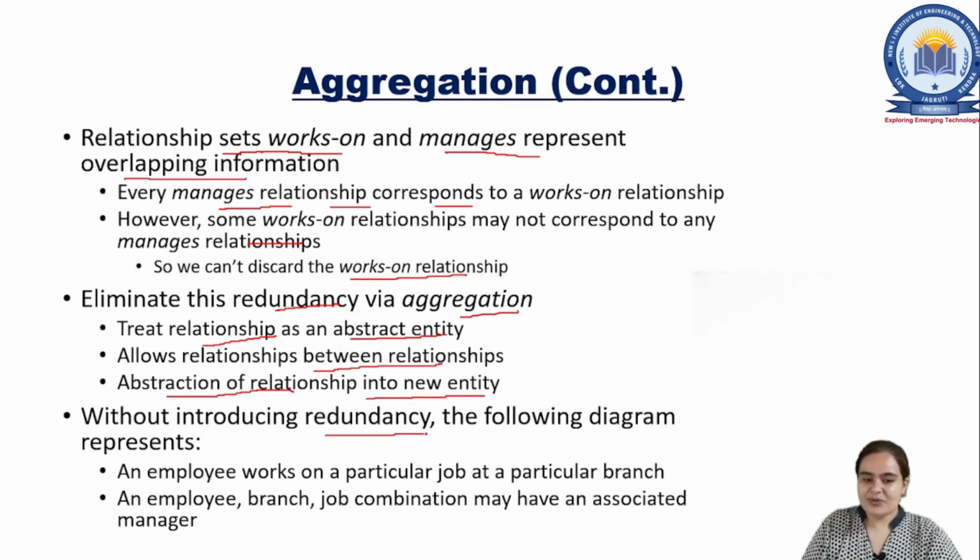Now, without introducing any redundancy, we can follow the diagram as it is represented here. An employee works for a particular job at a particular branch, and an employee, branch and job combination may have to be associated with a manager. So altogether, for an employee we have a particular job and a particular branch associated with that employee, and the entire combination is associated with some manager.